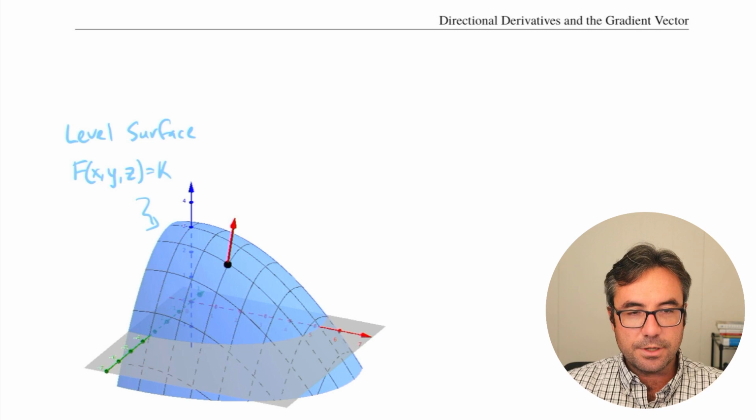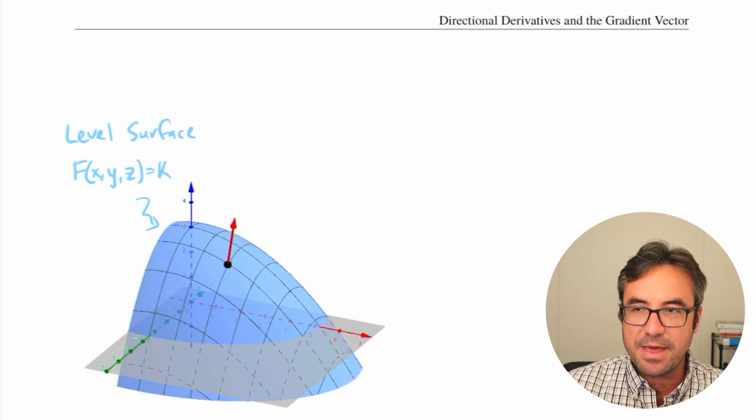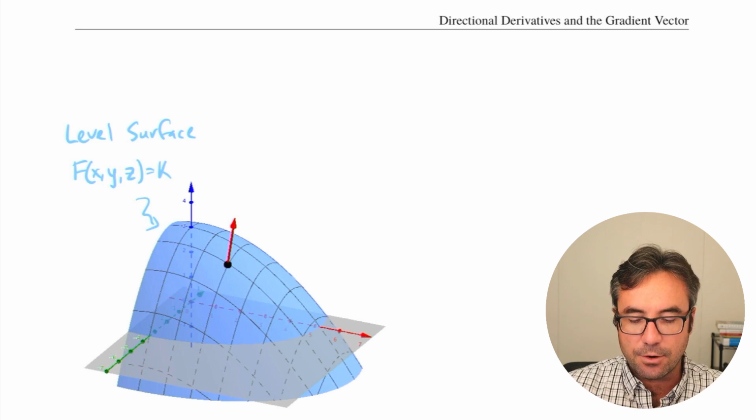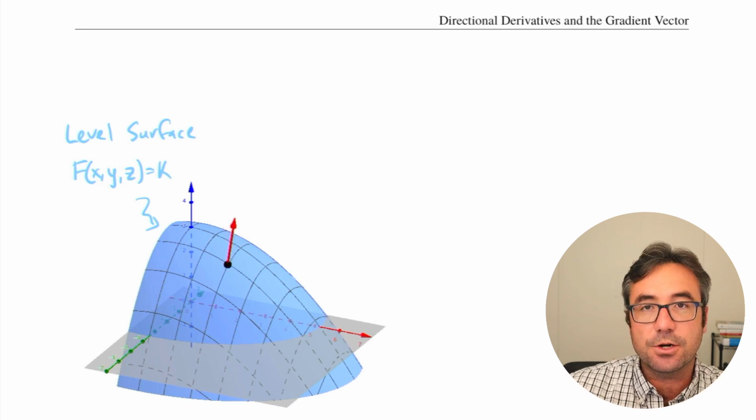And then we're looking at a specific point here. So here's our point P. And then that vector that's pointing out away from the surface, that's our gradient.